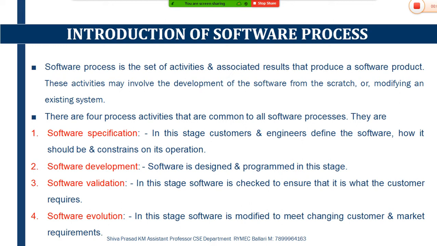Activity 2 is dependent on activity 1. Activity 3 is dependent on activity 2. Activity 4 is dependent on activity 3, and so on. So each and every activity which we carry out for the development of the product is interdependent.